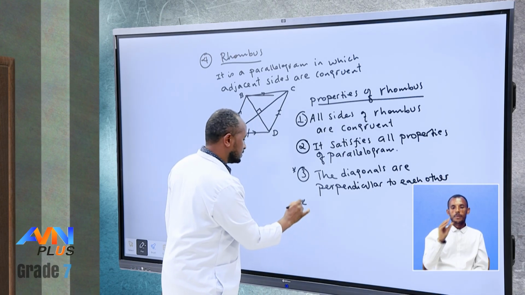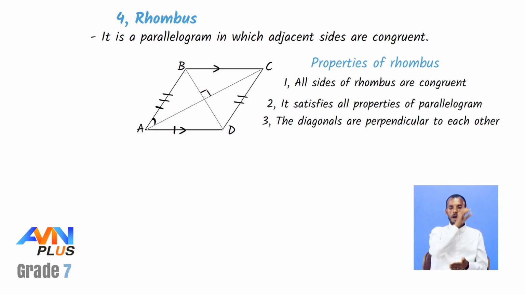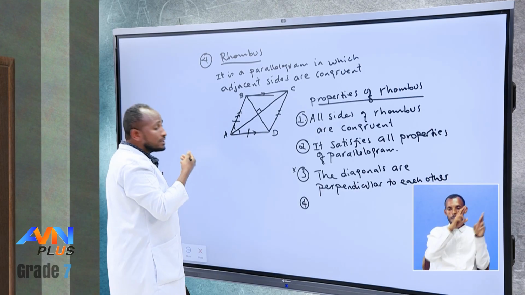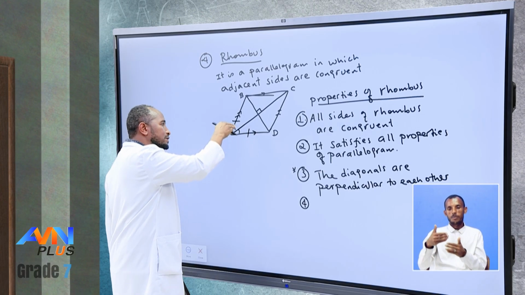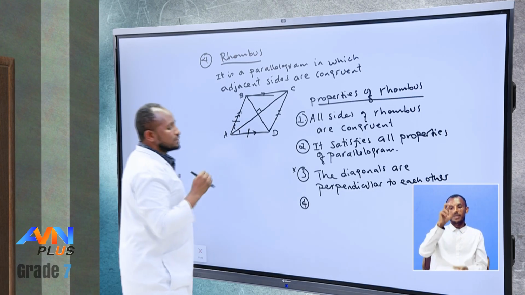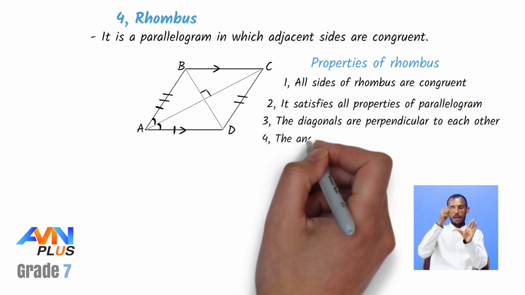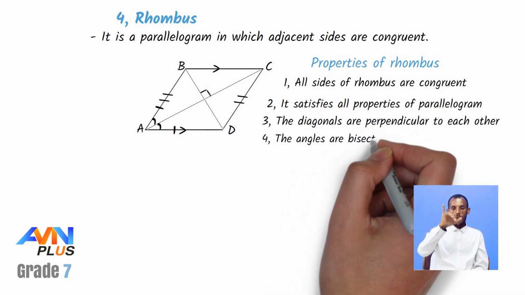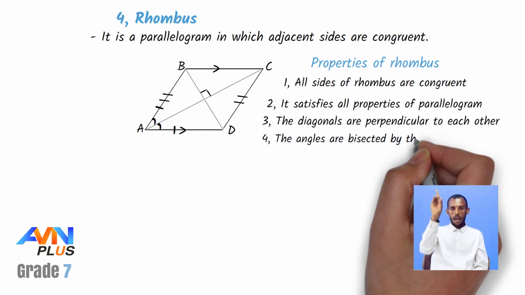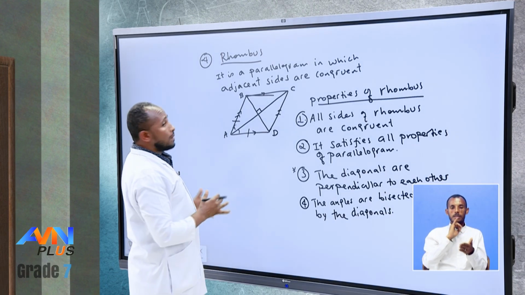And another property, the diagonal bisects the angle. So the angle of a rhombus is bisected by the diagonal. That means if this angle is 60 degrees, it will be divided into two equal parts, 30 and 30. So it is all about rhombus.